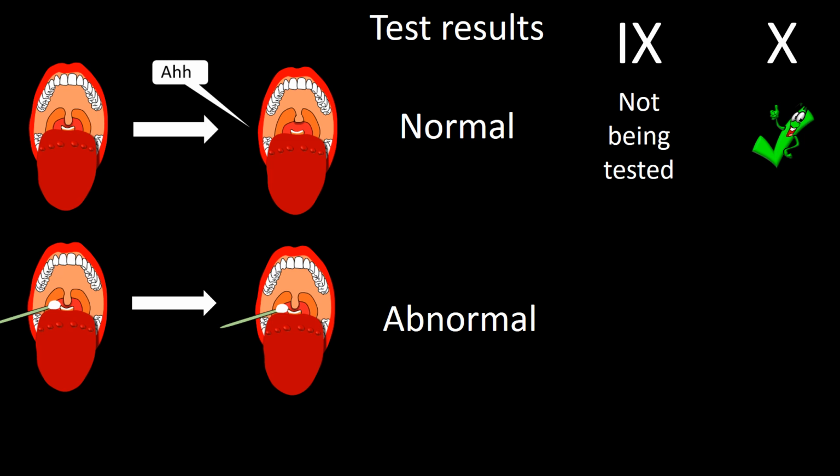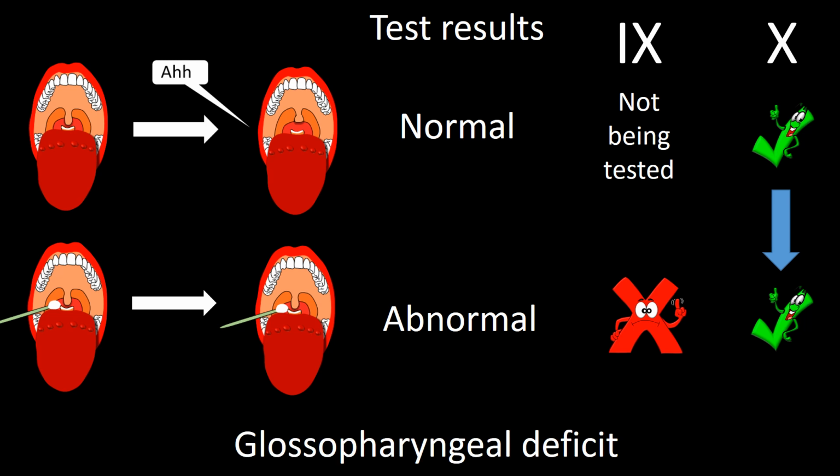If then we find no response to gag, since we already know that 10 is working, we can conclude that 9 is not. Then there is a glossopharyngeal deficit in this situation.